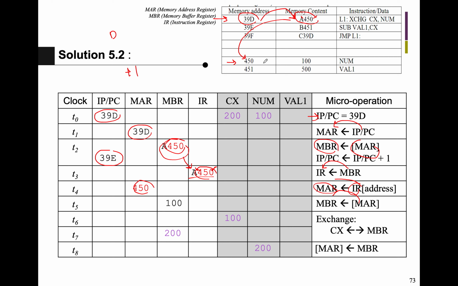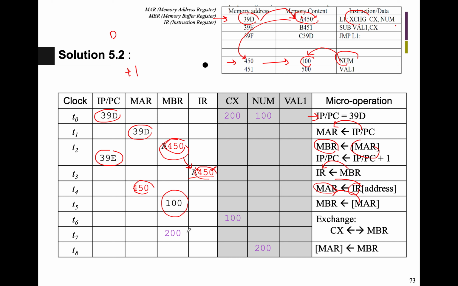Then you're going to see the value inside to be put into your MBR. This is 100. And you're going to execute the exchange CX num. So your num is the value of your 100. So you're going to exchange. Firstly, your num value is 100 and your CX is 200. And you exchange them together.